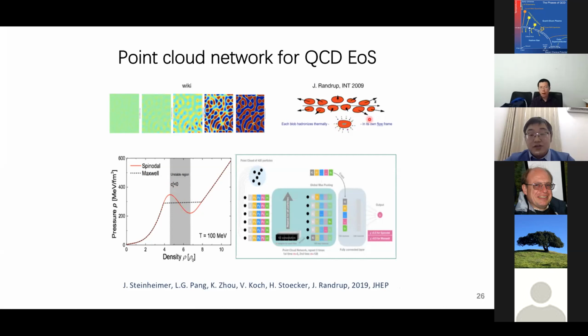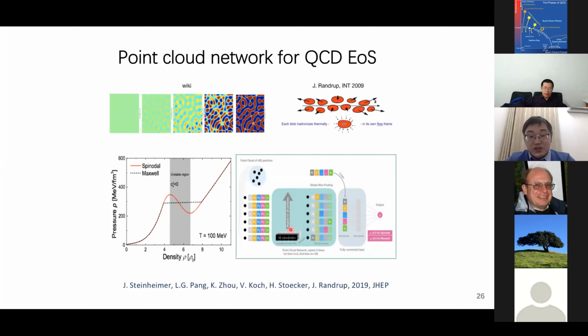It's easy to do this classification in coordinate space, but it's very difficult to tell whether it's spinodal or Maxwell from the final particles in momentum space.